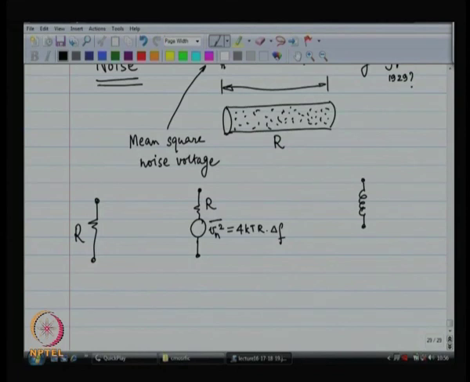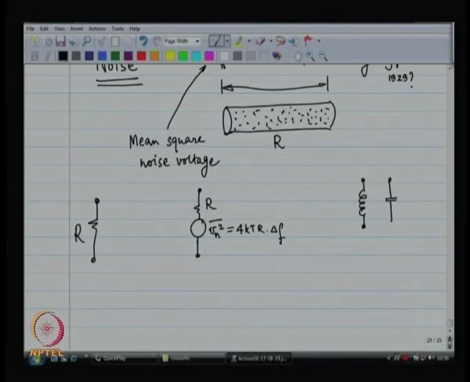The noise voltage developed across the inductor is going to be equal to 0. Okay. Similarly, if I have got a capacitor, the noise voltage developed across the capacitor is going to be equal to 0.